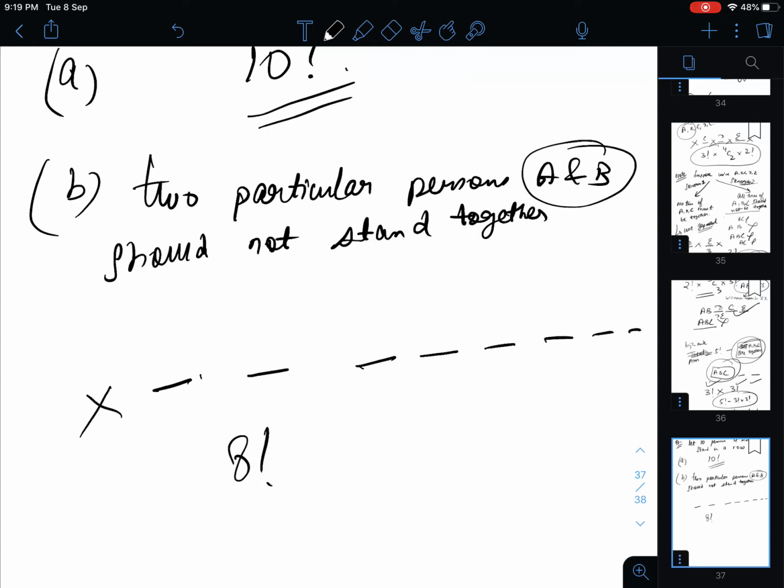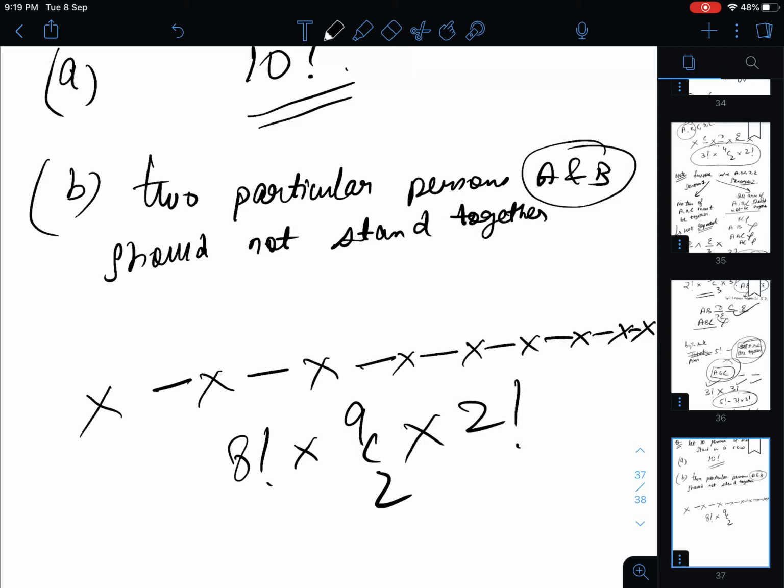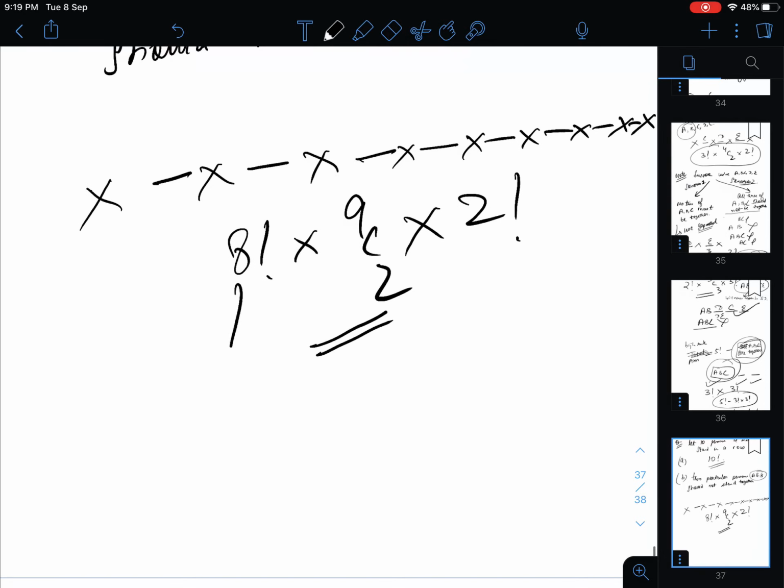Then you have 9 gaps which are created. In these 9 gaps you can put A and B anywhere. So first choose 2 gaps and then permute A and B. So this is your answer. 8 factorial is the arrangement of the remaining persons.